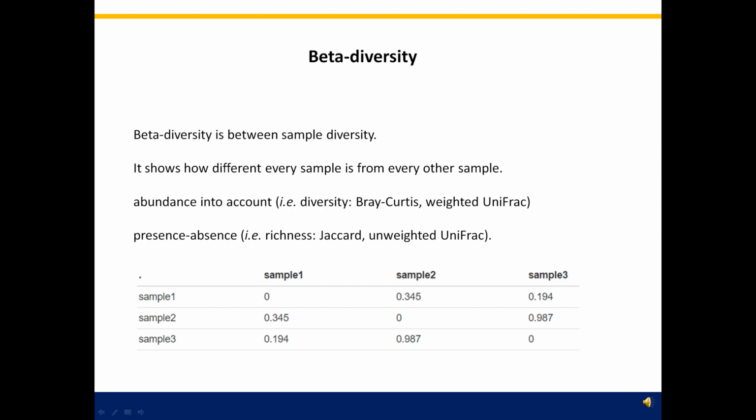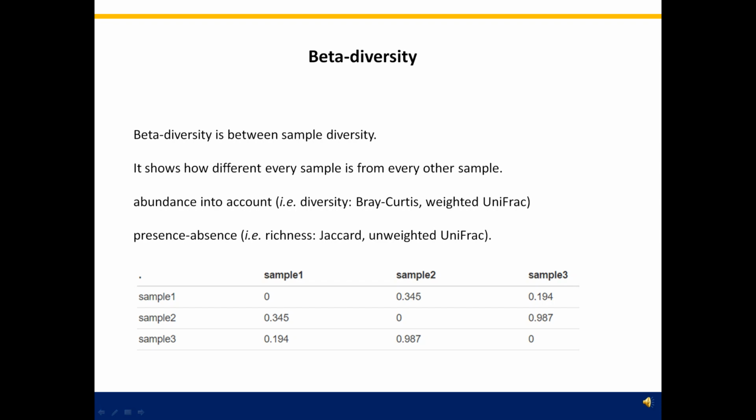While calculating beta diversity, some calculations like Bray-Curtis and weighted UniFrac consider only the abundance of OTUs, whereas richness-based calculations in beta diversity, like Jaccard and unweighted UniFrac, consider the presence or absence of a species.